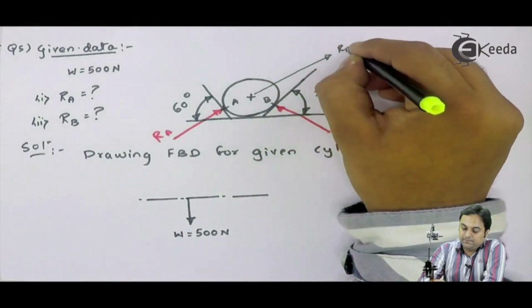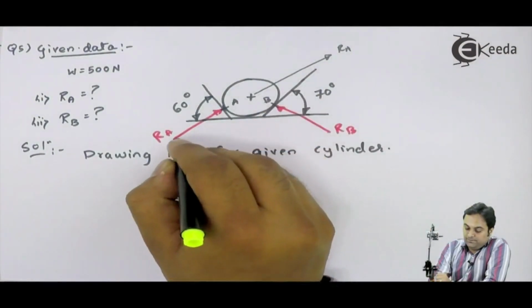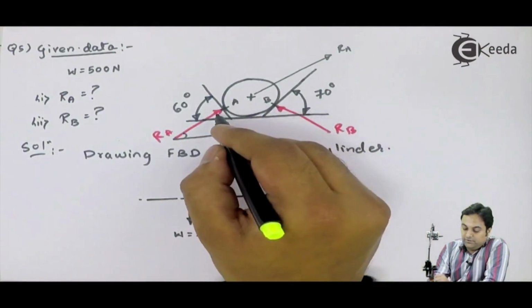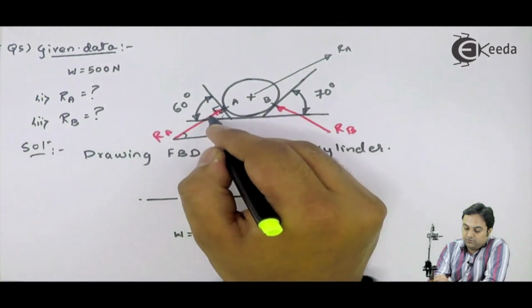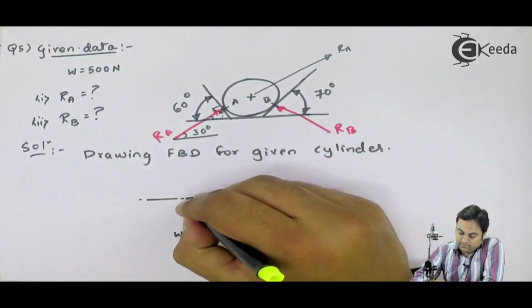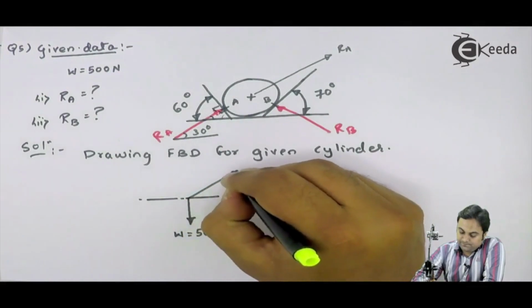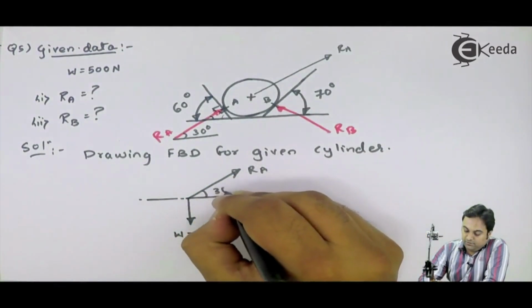Reaction at A. So I need to know the inclination of RA with horizontal. Here I have RA is perpendicular to the surface, so 90. This angle is 60. So with respect to horizontal, the angle becomes 30 degree. So I'll mark RA inclined at 30 degree to the horizontal.